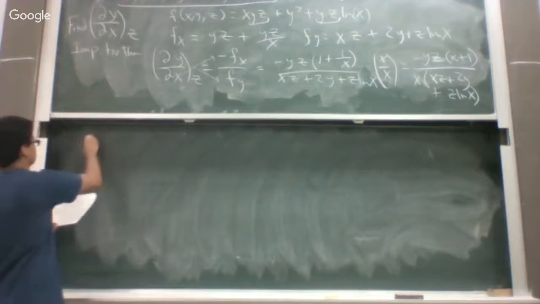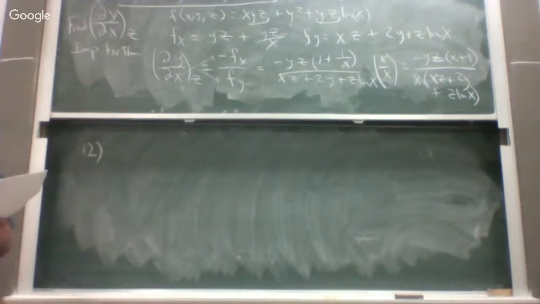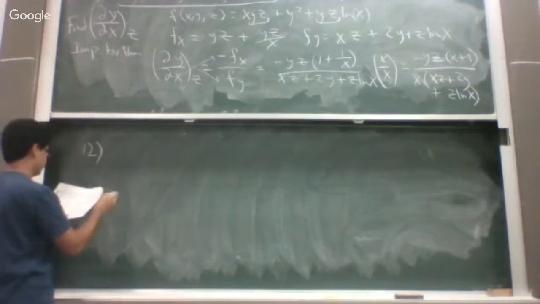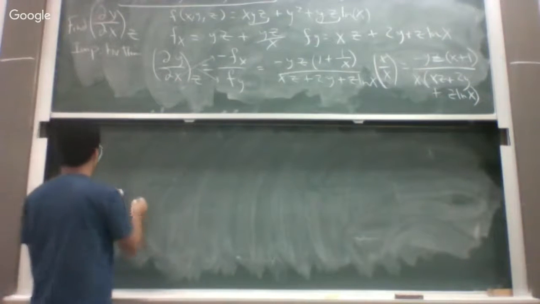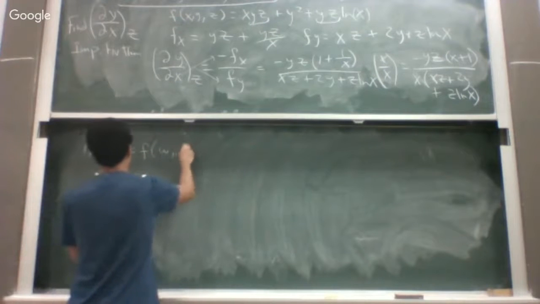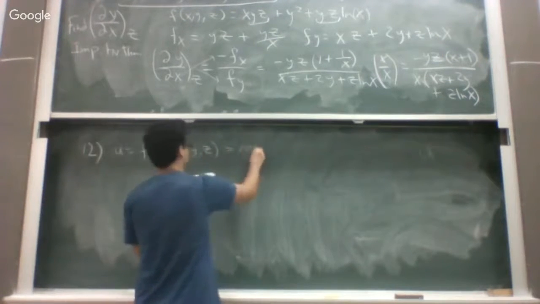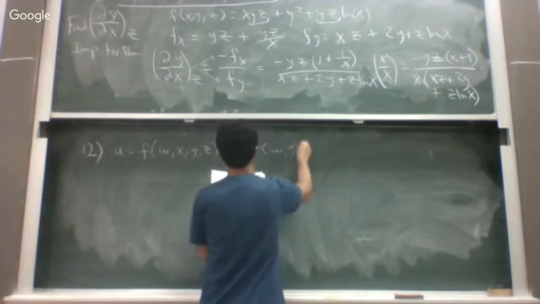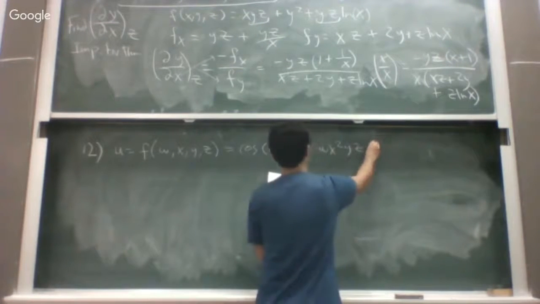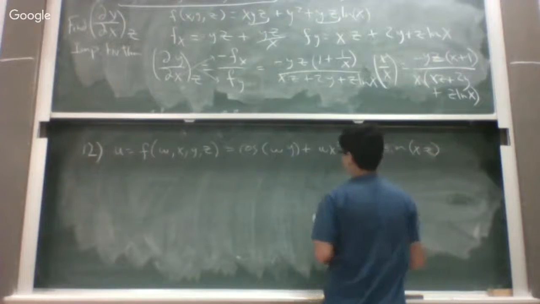Okay. Any final questions on that problem? No? Okay. So now in this problem, we sort of use everything. u is equal to the function f of w, x, y, z equal to cosine of wy plus wx squared yz plus sine of xz.